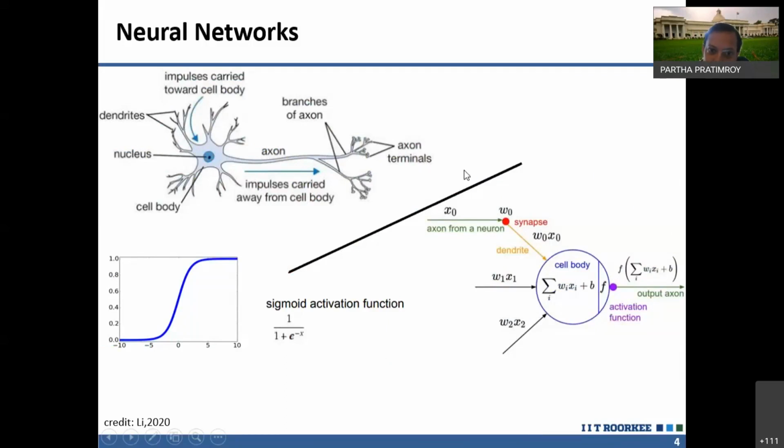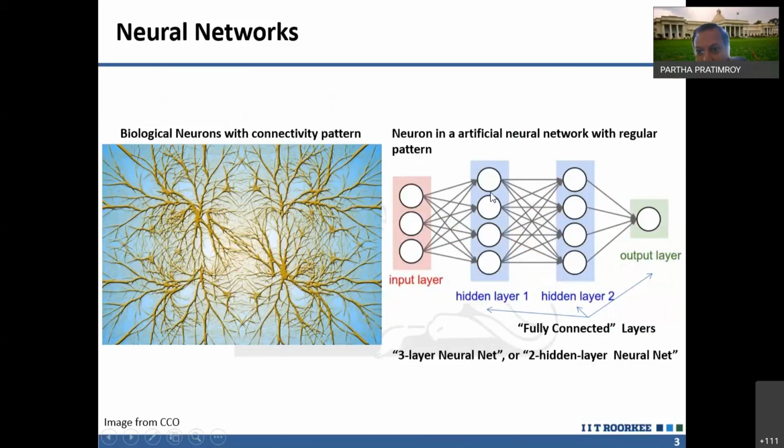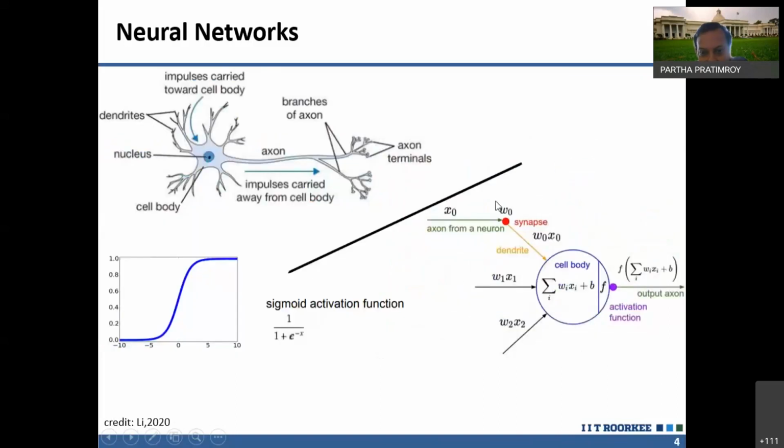Then another neuron gets this information and processes it. Similarly in your neural network, you have several neurons; each considers the input from the previous ones, processes it, and propagates to the next neuron.